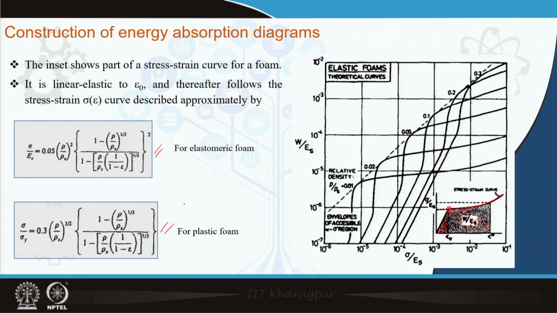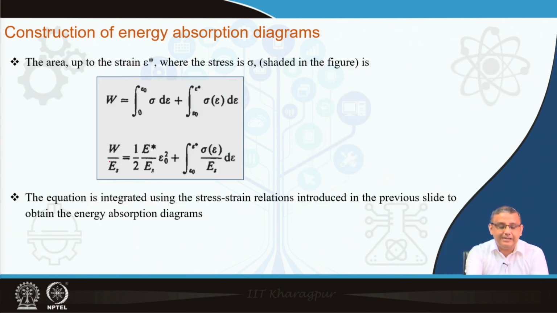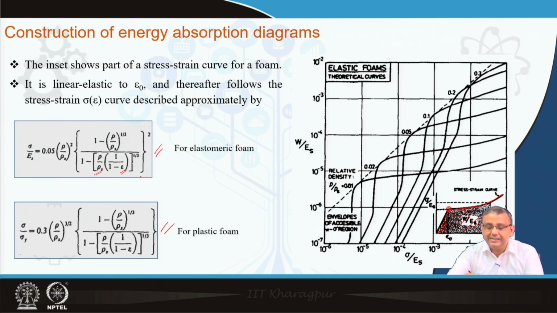These expressions are a function of the strain and also the relative density of the foam, rho over rho s. If they are integrated over the whole strain, then we can obtain such diagrams.